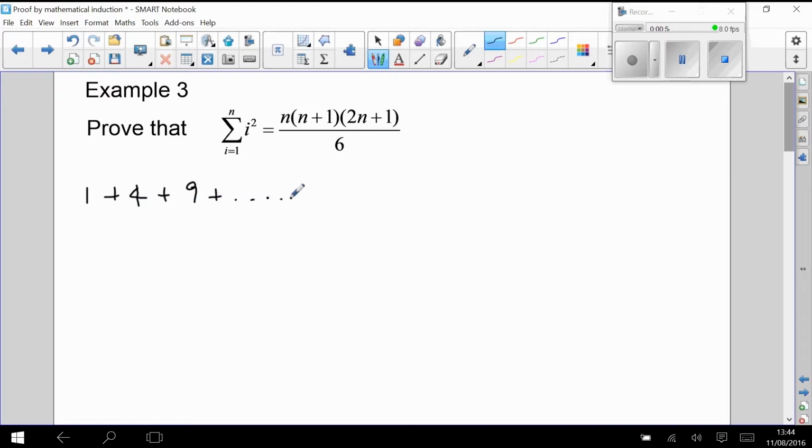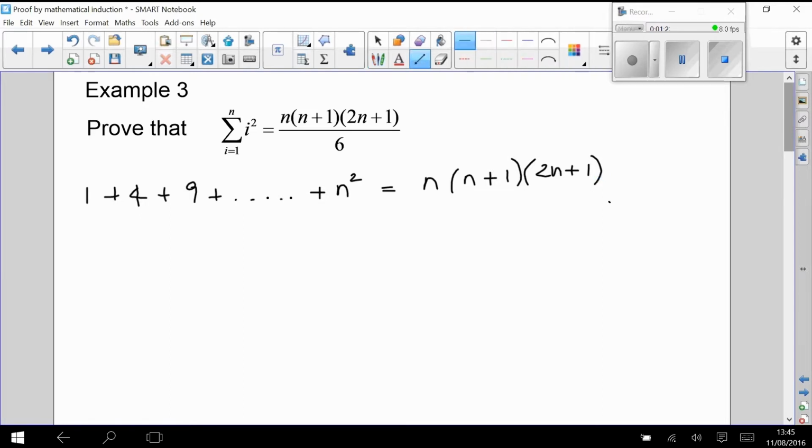And so I go on until the very last number, in which I substitute an n in the place of I, and I'm going to get n squared. In other words, what I'm trying to find is, if I take 1 plus 4 plus 9, and then all the way up to n squared, could I get that answer if I had used the formula of n times n plus 1, times 2n plus 1, all divided by 6?